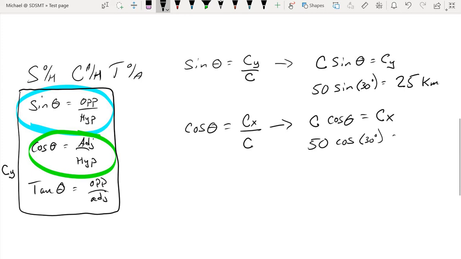And now we need cosine of 30. I don't have that one memorized, so I'll go ahead and get my calculator out. Cosine of 30. And then we have to multiply that by 50. And we get approximately 43.3 kilometers.